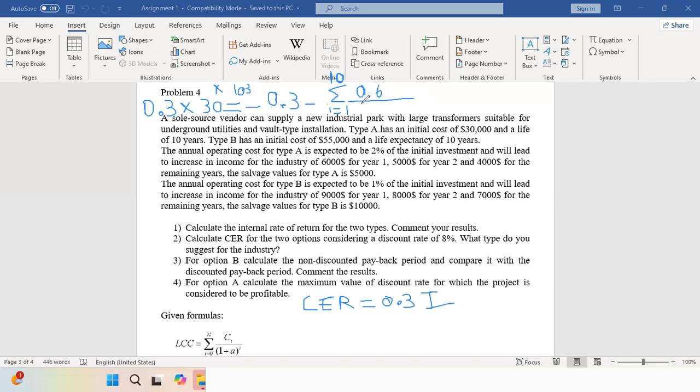We want to find the maximum discount rate, the value of the discount rate which will give a CAR of 30%. So 1 plus A to the power I. This will give me the operational cost.